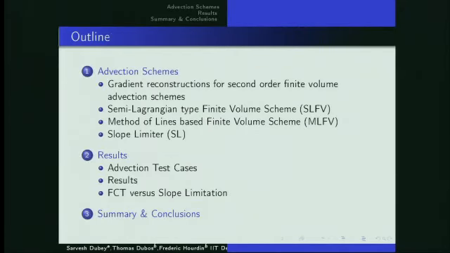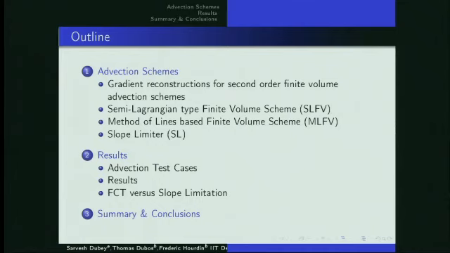So this is the outline of my talk. I will first discuss the two gradient reconstructions, on which my advection schemes rely, and then I will discuss separately the two advection schemes, called the semi-Lagrangian type finite volume scheme and the method of lines based finite volume scheme. And then I will describe the slope limiter I am using.